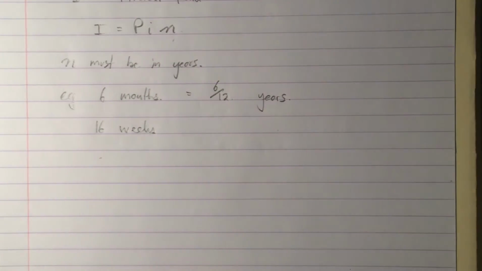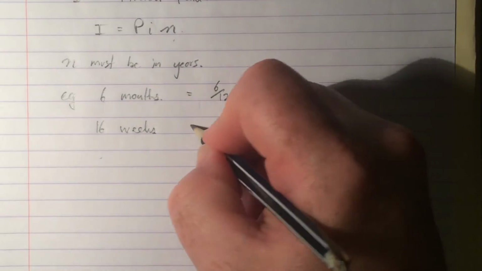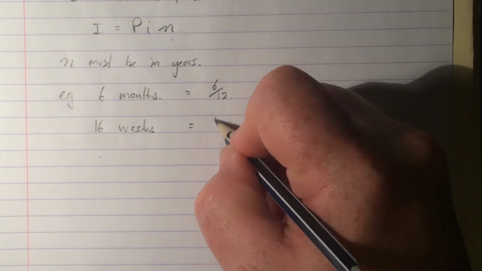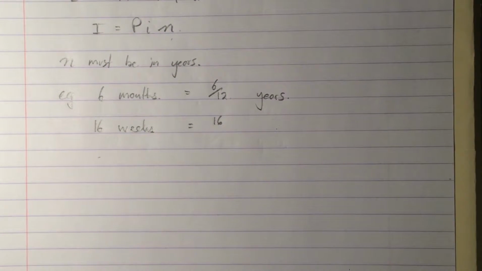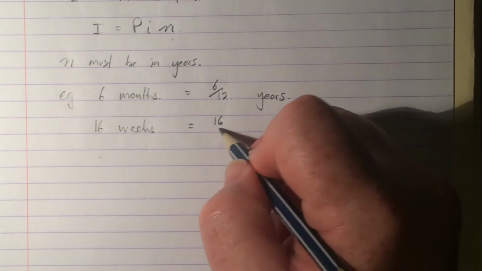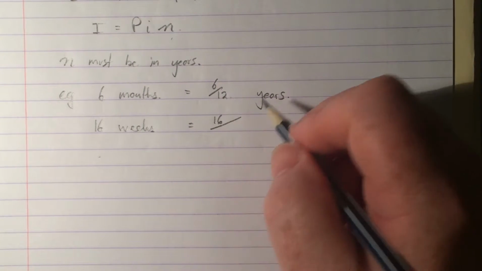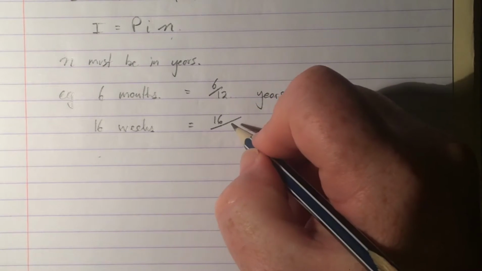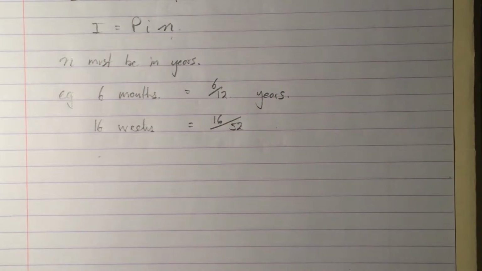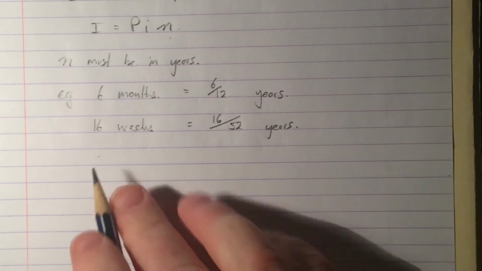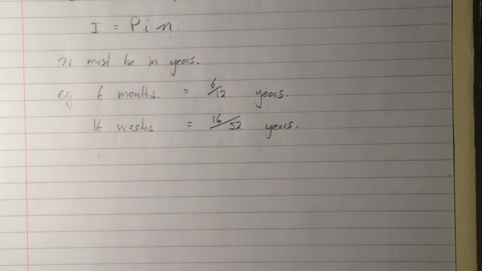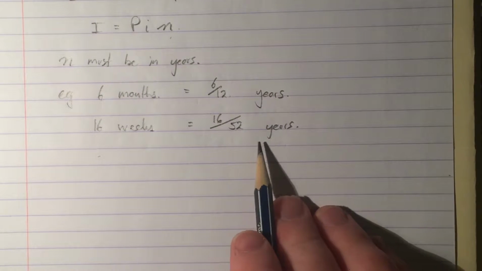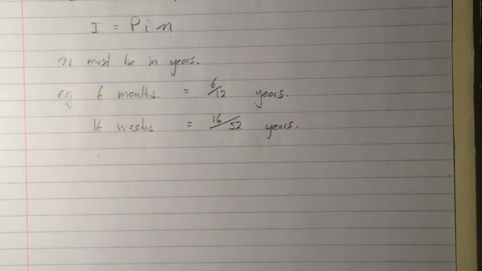We could also say 16 weeks in terms of years by doing exactly the same thing. We write the number of weeks on the numerator of the fraction, and the denominator will be the number of weeks in a year. So 16 weeks is equivalent to the fraction 16 over 52 in years.